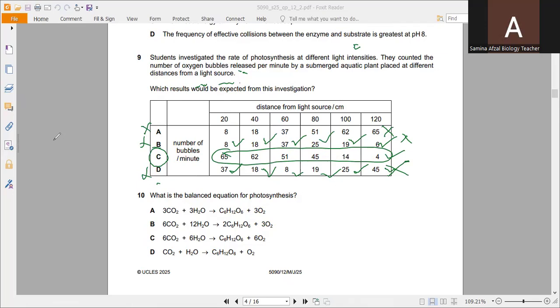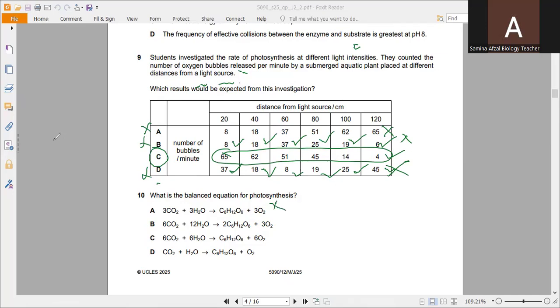Question number 10. What is the balanced equation for photosynthesis? The first equation shows the process of photosynthesis with three carbon dioxide and three water molecules, and it is not a balanced equation.